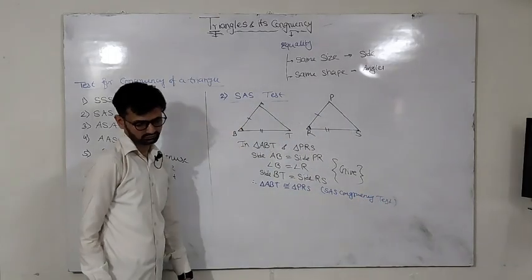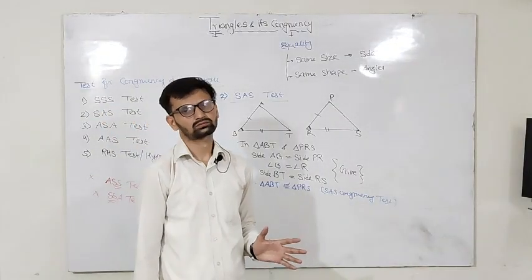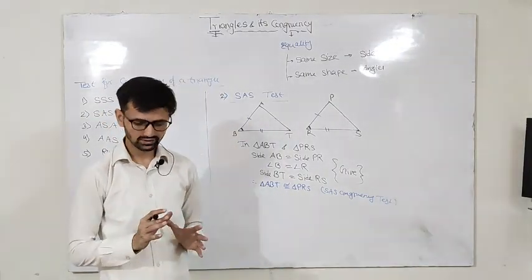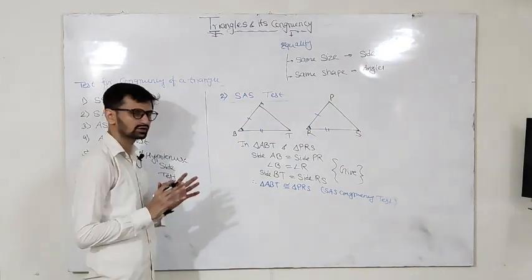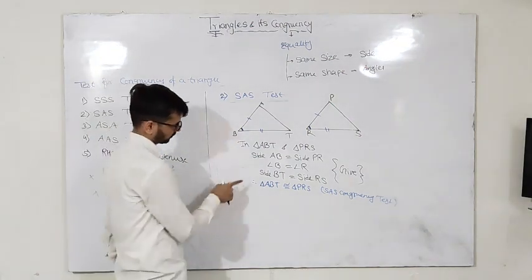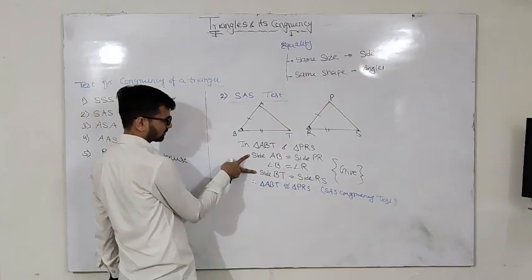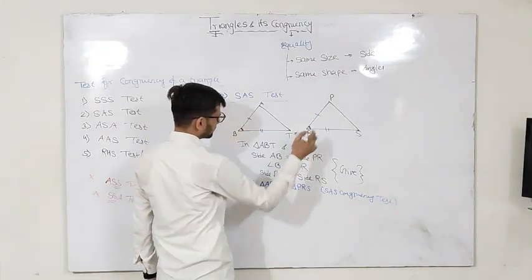And we also know that if two triangles are congruent, then their corresponding sides are also congruent and their corresponding angles are also congruent. So here we covered two sides. Then we are left with one side.